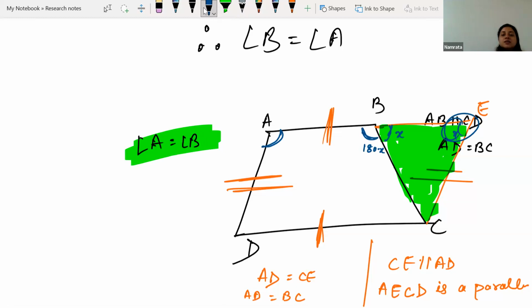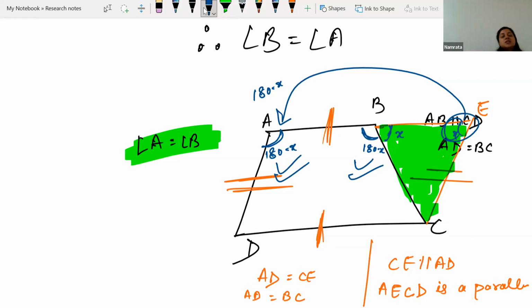And if this is x, this will be 180 minus x because it's a parallelogram, where the adjacent sides' sum has to be 180 degree. On the basis of that, if that is x, this will be 180 minus x, and hence A and B are same. Is it clear to both of you?